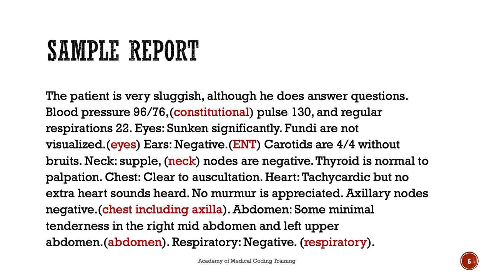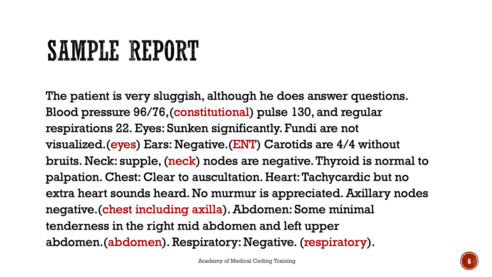Then we have findings for the chest. Again, the findings are regarding the heart, regarding the axillary nodes, but we are counting the body area, which is chest, which includes axilla. Then the information is about the abdomen, which is another body area, and then the respiratory negative, which is the organ system.